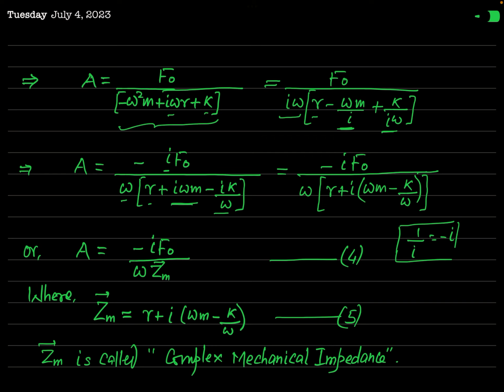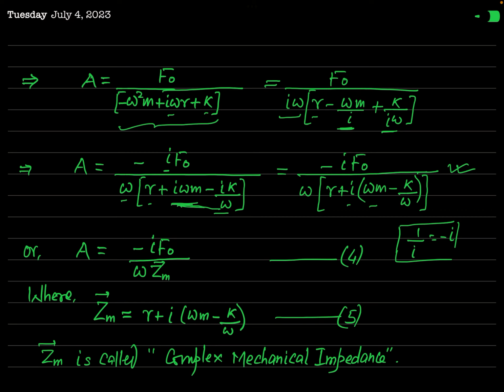Now these last two terms contain i, so let us take i as a common factor, and so you can write A is equal to minus i f naught over omega times (r plus i(omega m minus k over omega)).